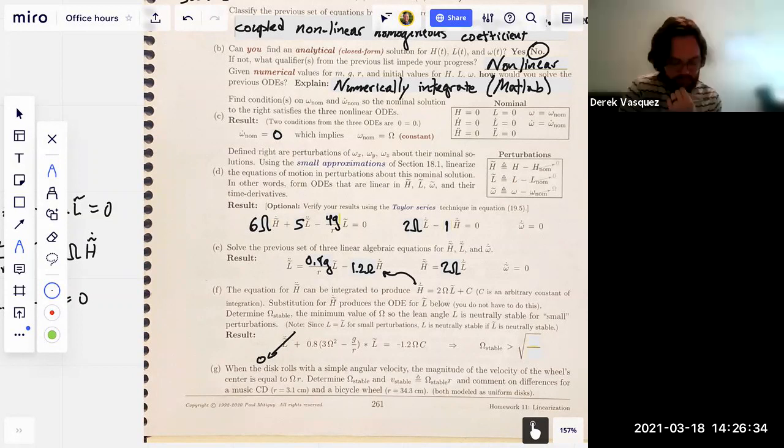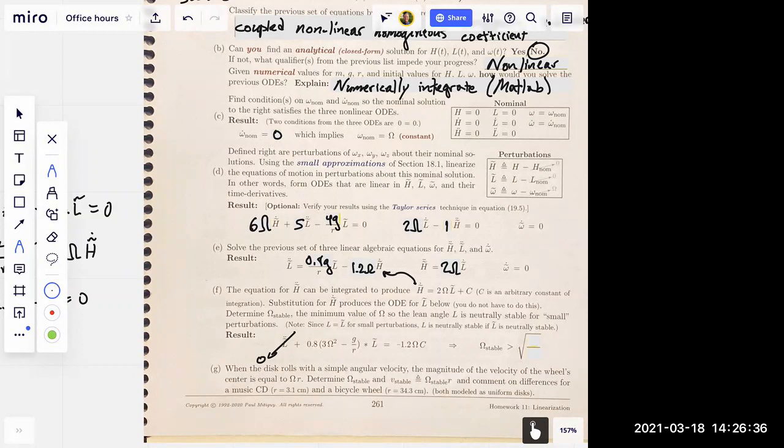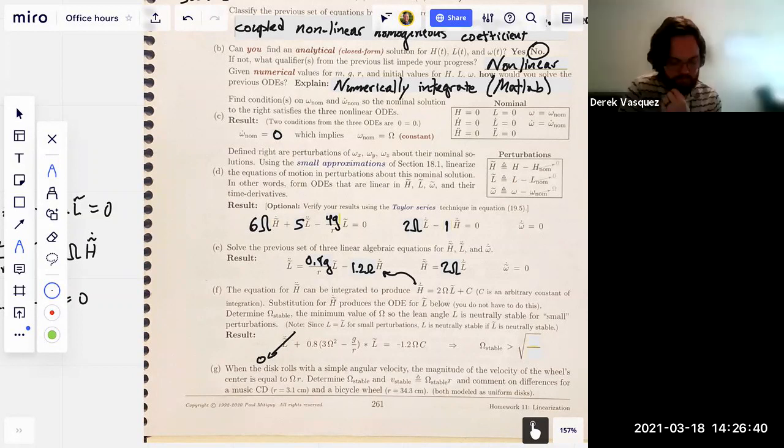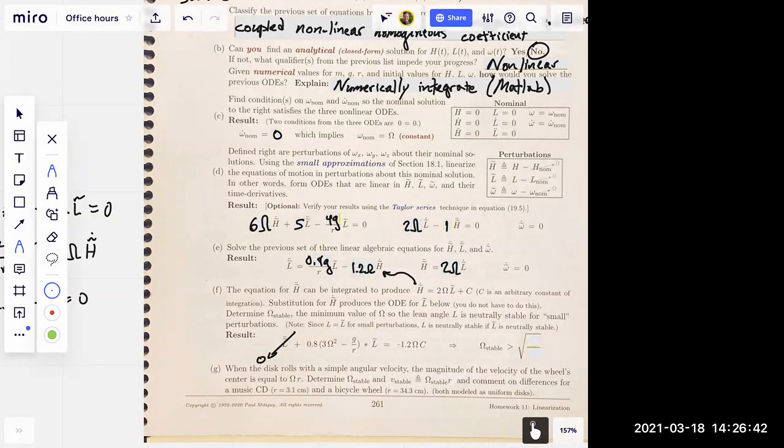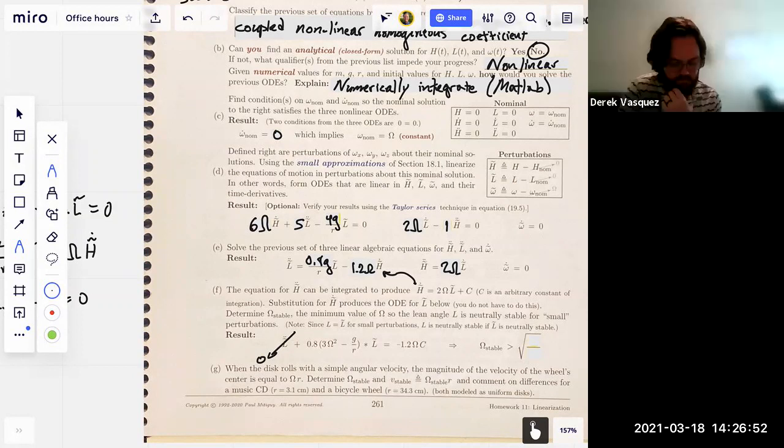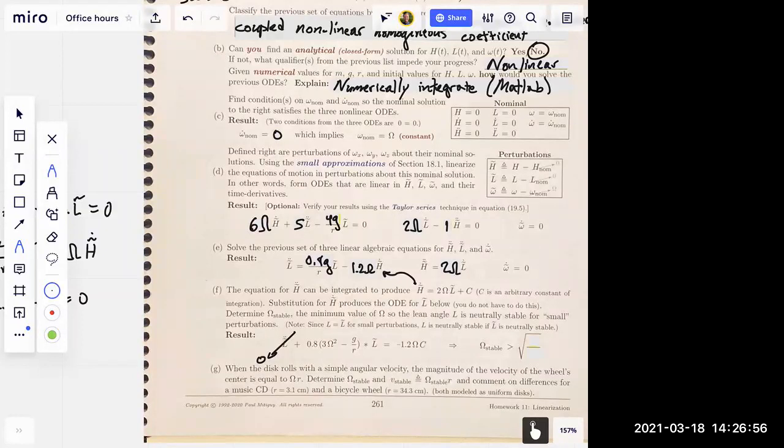I mean, I'm assuming the answer has L tilde and C in it, maybe? Because if we set the omegas to omega stable, then you kind of just combine them on one side and isolate it to solve for it. But I don't know. Right. Yeah.